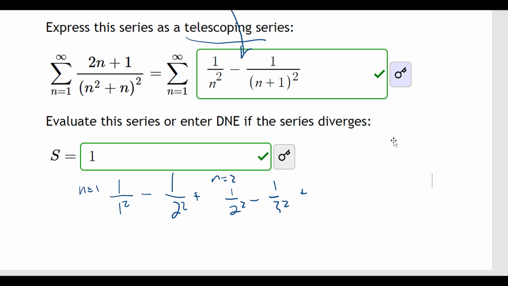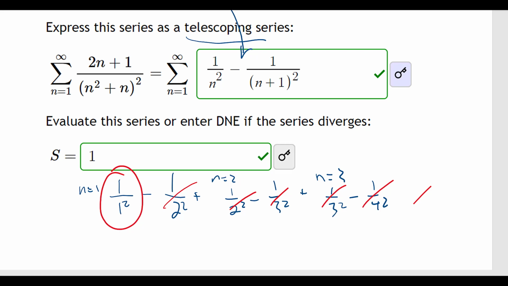And for n equals 3, we have 1 over 3 squared minus 1 over 4 squared. As this continues, the terms cancel out with future terms, and the only thing left is this 1. So that's why this converges to 1.